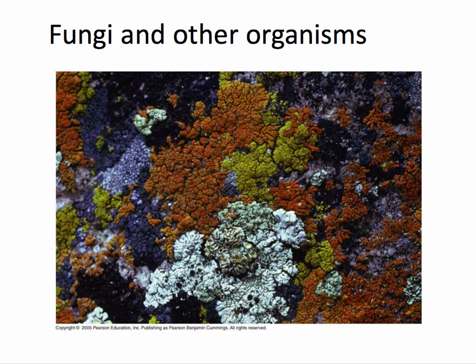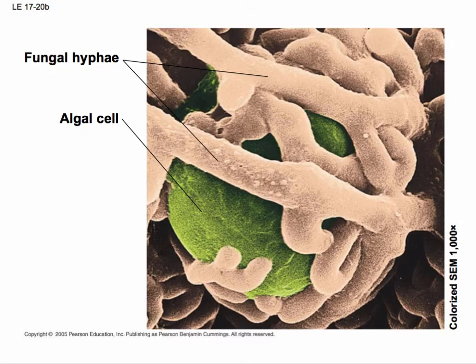The photosynthetic partner provides organic molecules such as sugars as a source of food for the fungus. And they're intimately connected. So here's an algal cell, the photosynthetic partner, and here are the hyphae of the fungus surrounding that particular cell.